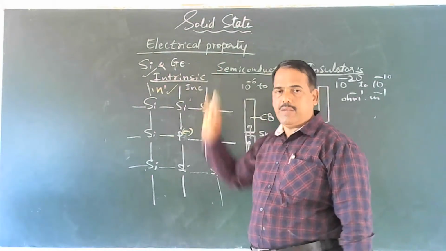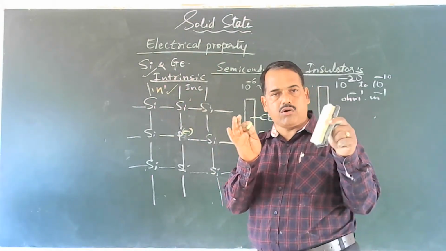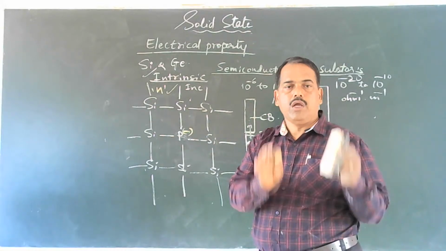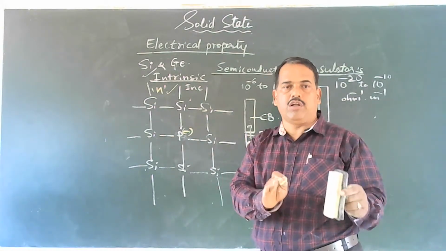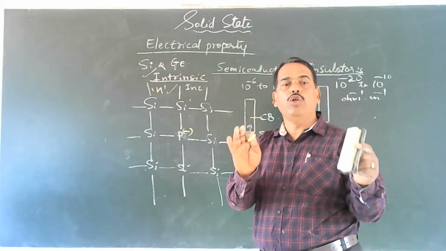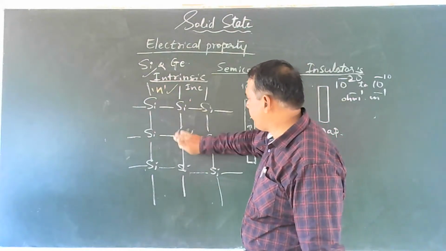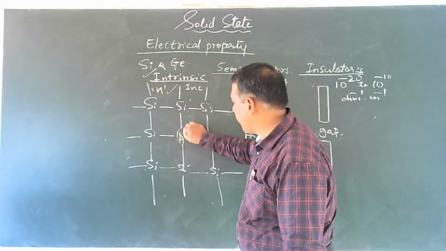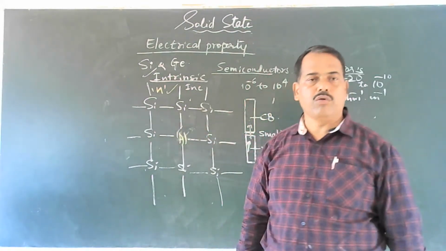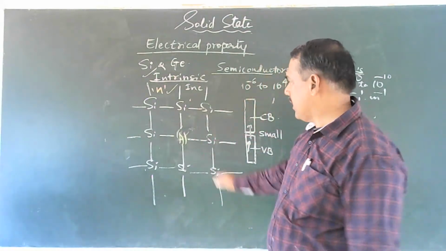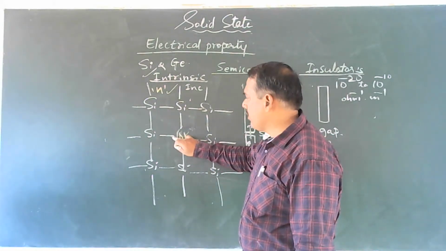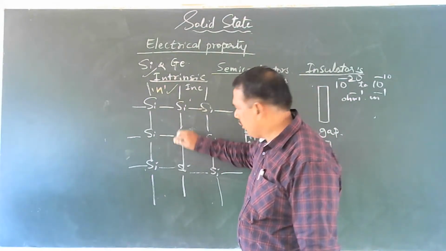Okay, if you go for P-type semiconductor, which is nothing but electron deficient. If silicon is doped with a 13 group element like aluminium, then it has only 3 valence electrons.